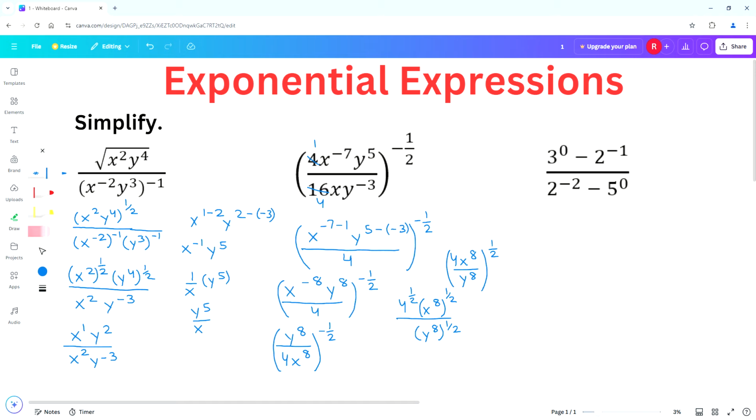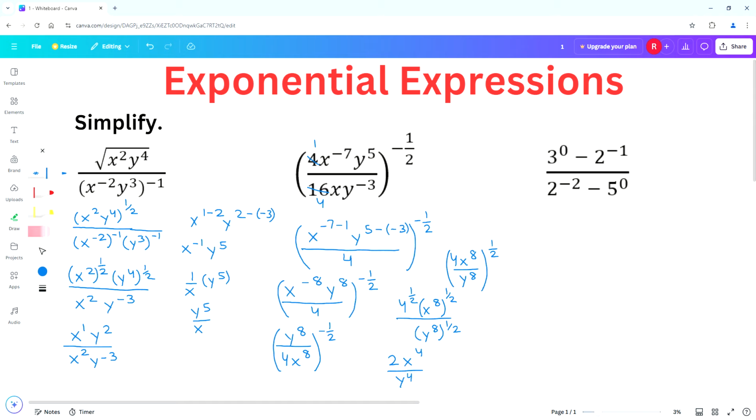Four to the power half is equal to 2. We can use power on power law of exponents to simplify the x and y terms. We should multiply the exponents for x term. 8 times half is equal to 4. And for y, 8 times half is also equal to 4. So this should be the final answer for the second given expression.